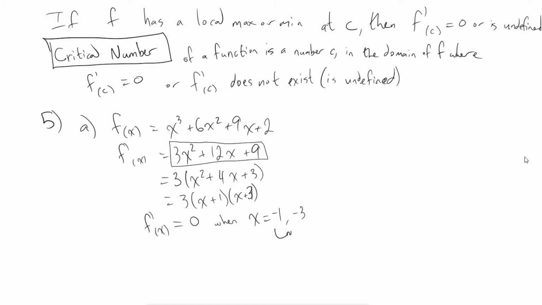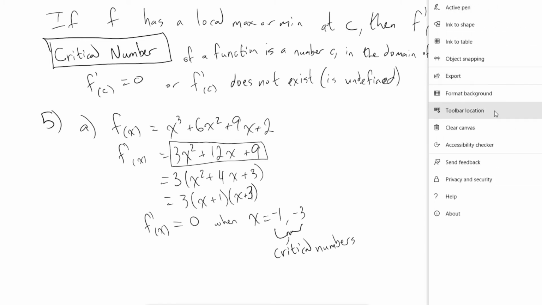So these two numbers here are our critical numbers for that function. Critical numbers are -1 and -3. And we'll go see if they are maxima or minima later in example number 6, but we're not going to do that yet.